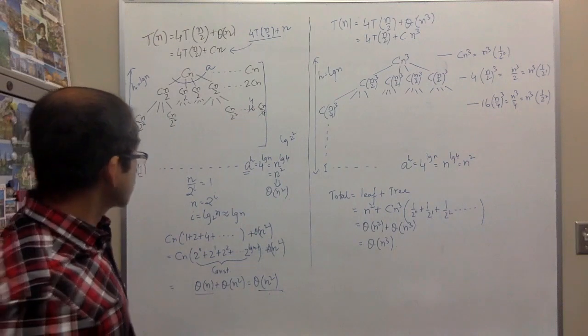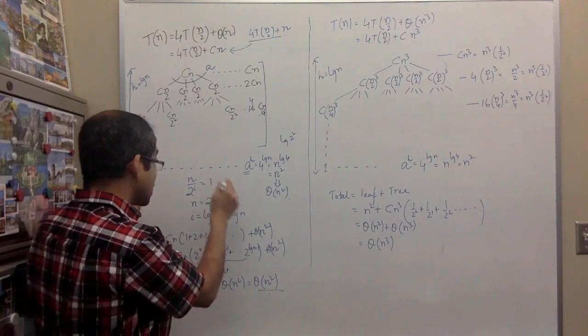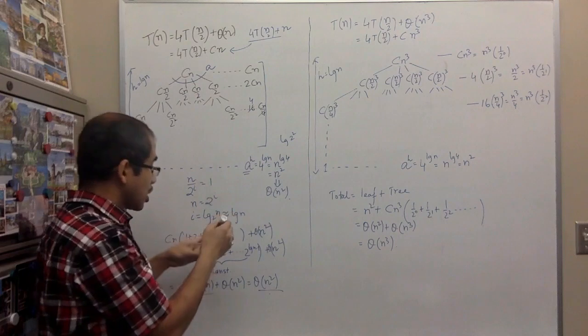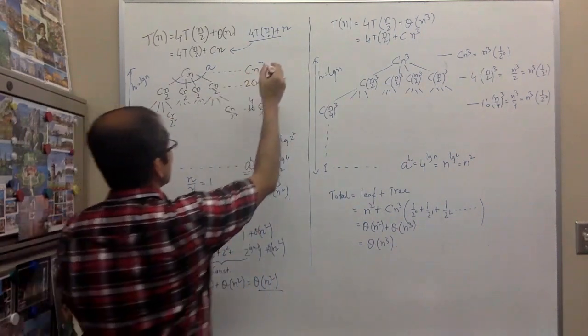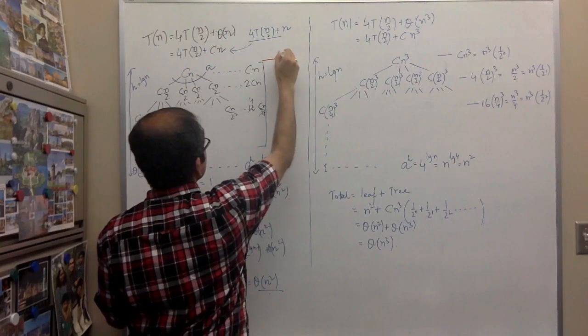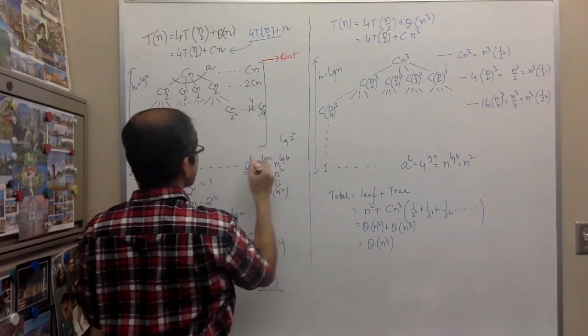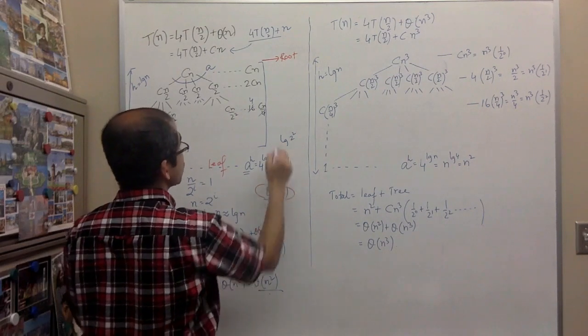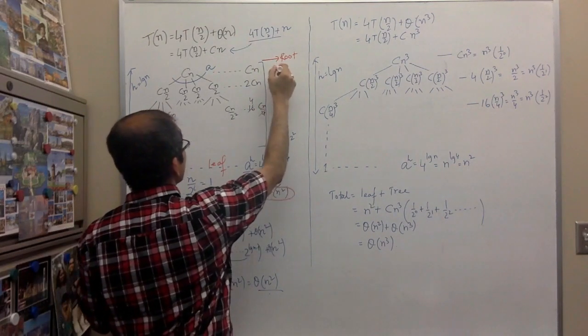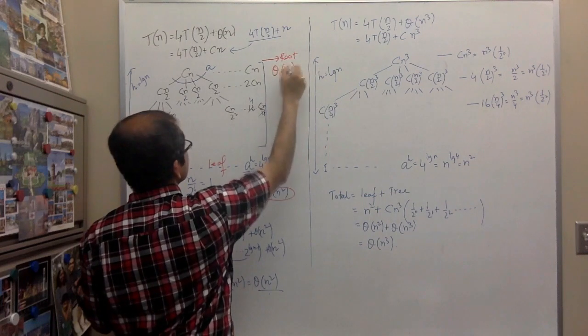Here what I'm trying to tell you is that this theta of n squared contribution is coming from the leaf level. There are two different costs, the root level cost and the leaf level cost. The leaf level cost here is theta of n squared. The root level cost is of the order of n, let's say theta of n.